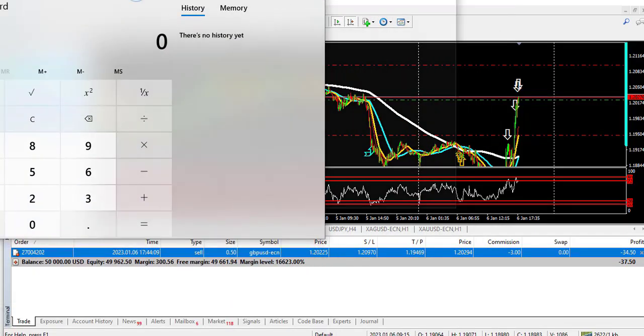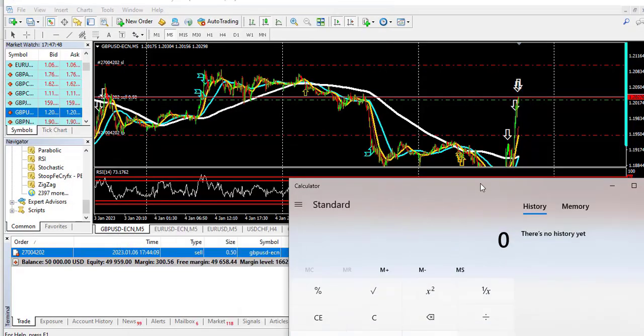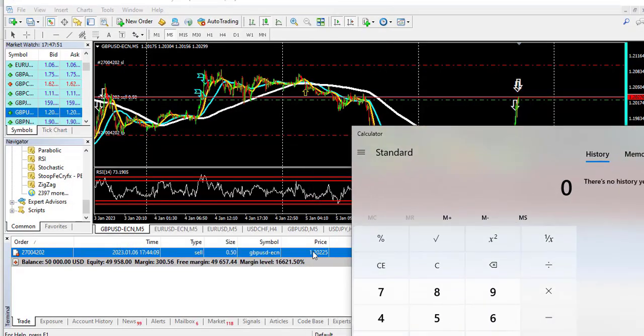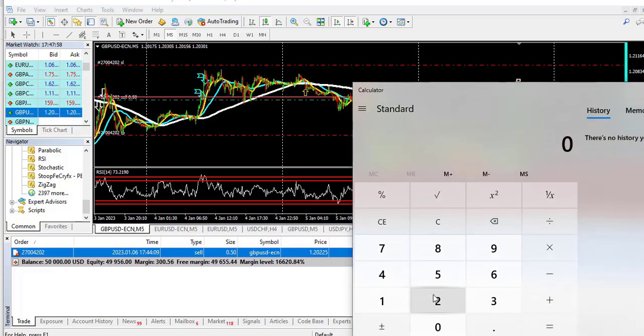So I'm taking the denominator part here just to get it right. 1.20225, this is the decimal point. So I want to minus 75 pips, which equals 750 points. Okay, so I'll have 1.19475.